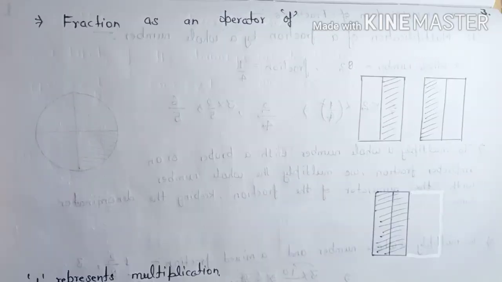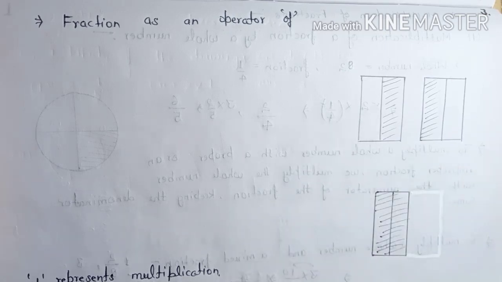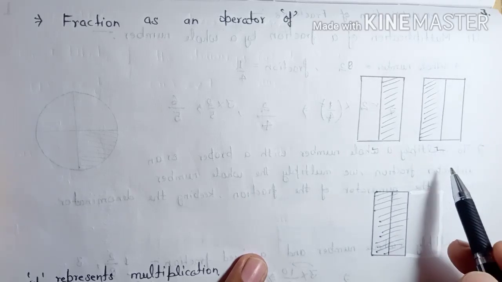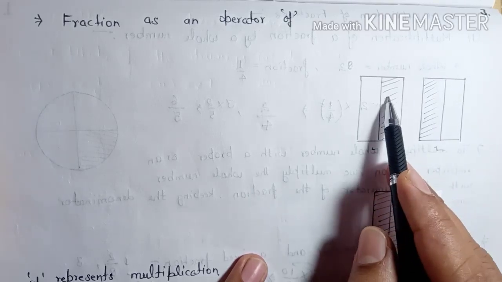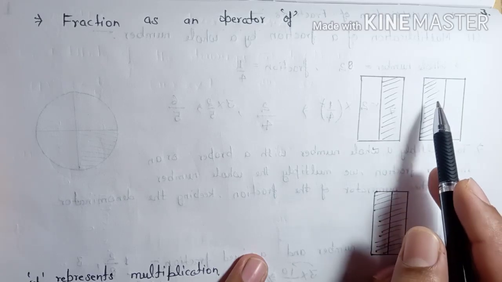Now we will discuss fraction as an operator of. What do we mean by of in the sense of fractions? Now check it. We have two rectangles here, and you can see half of the first rectangle is shaded and half of the second rectangle is also shaded.